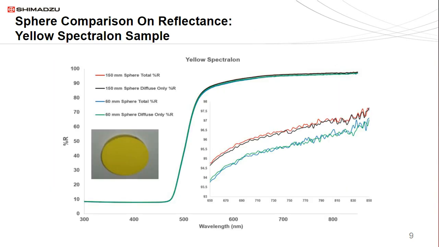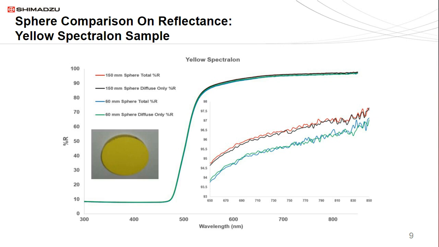So let's first consider the yellow spectralon. As you can see, almost no difference between the total reflectance measurement and the diffuse-only. Between the 60 and the 150 sphere, there's roughly a 0.5% R difference. And this makes a very, very important point about integrating spheres.